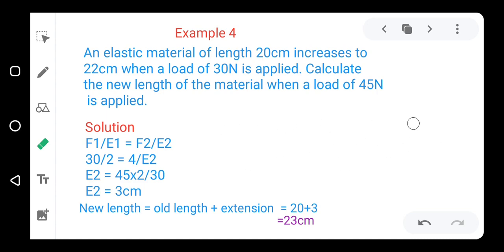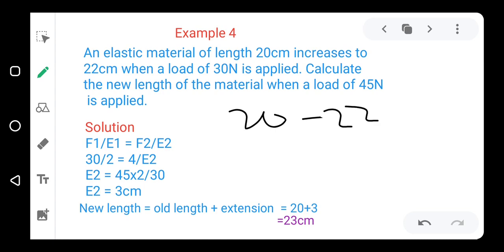Now using the same formula, F1 over E1 is equal to F2 over E2. Now we know our elastic material. We know the original length of this material is 20, and now when we add the force of 30 Newton, it increases to 22 cm.